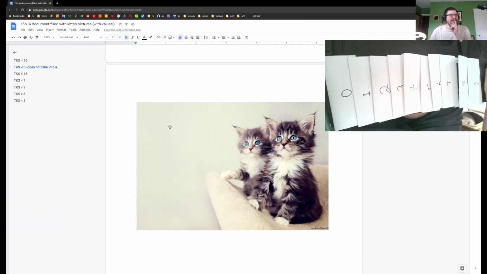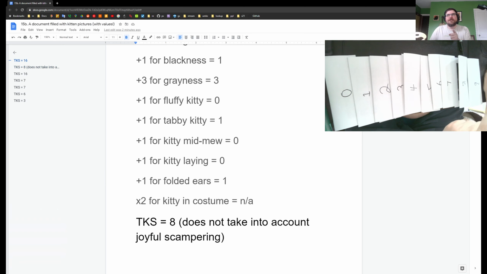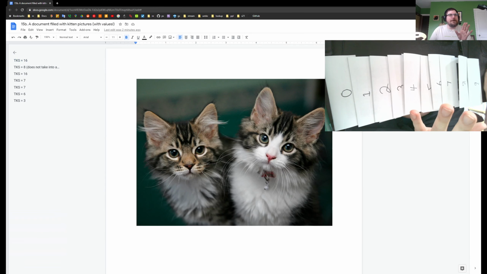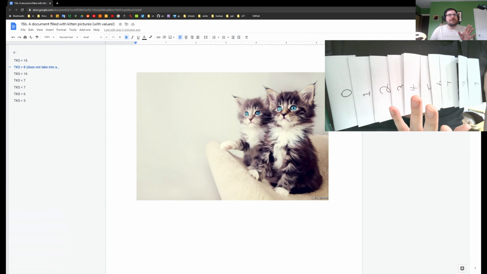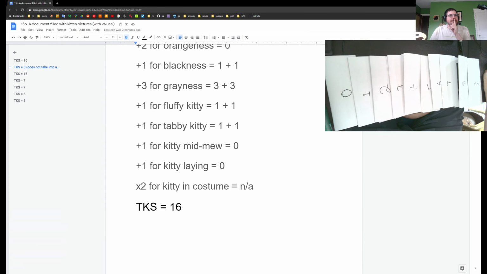But there's a concern here. These kitties, per our kitty scoring mechanism, look like they're going to get a very similar score to our first kitties. That's concerning. And they do. So now, uh-oh.